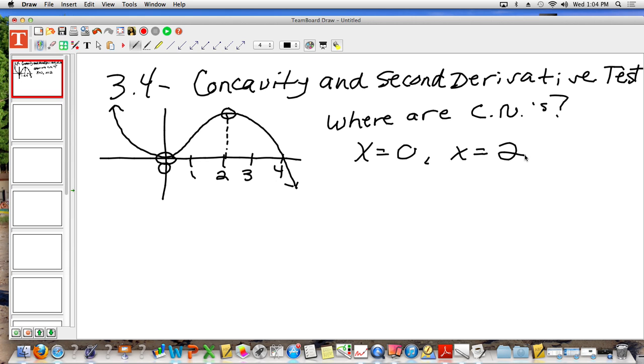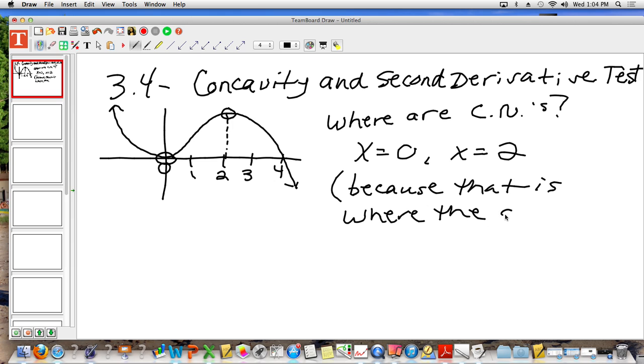Now, the reason that they're critical numbers, or relative max, relative minimums, is because that is where the graph changes what? Direction.